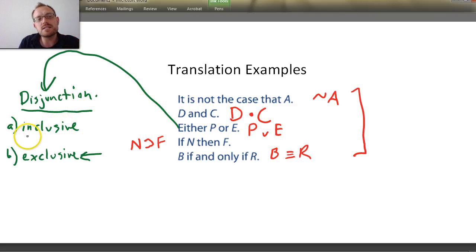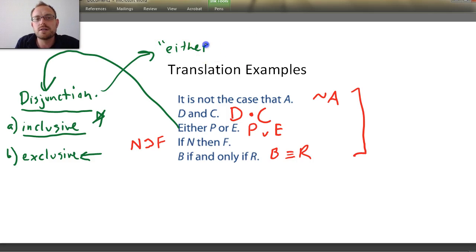It means either this or this, but not both. Whereas what we're going to see, just to make things easier in this course, since this is an introduction to logic course, we're only going to use the inclusive disjunction, which means that we mean either A or B or both, right?